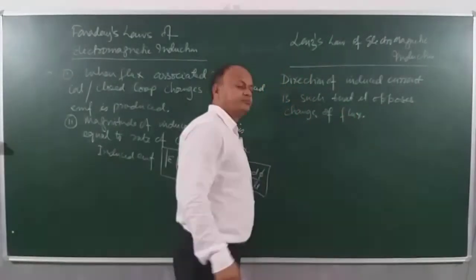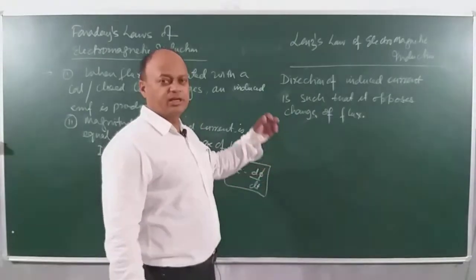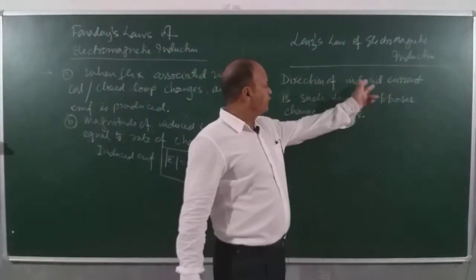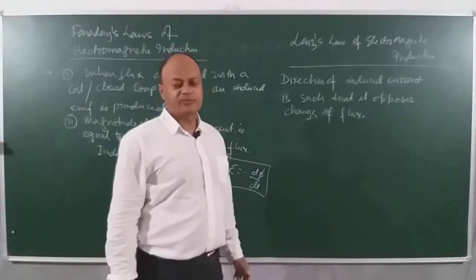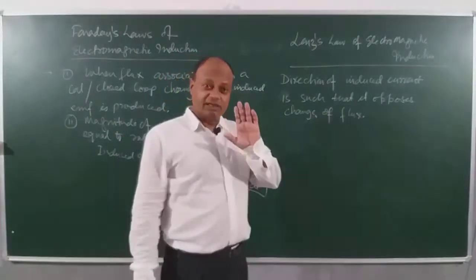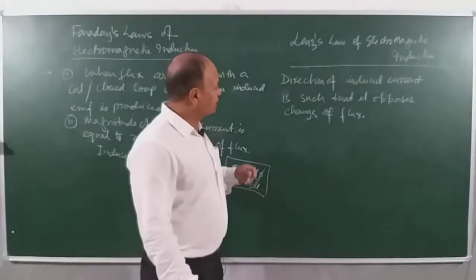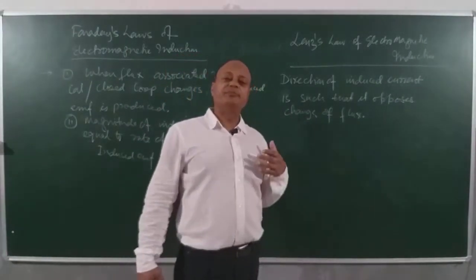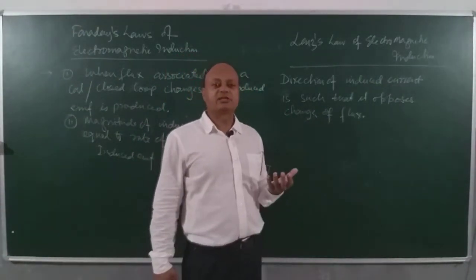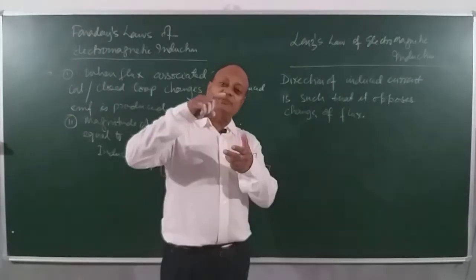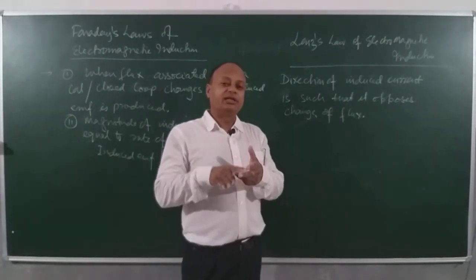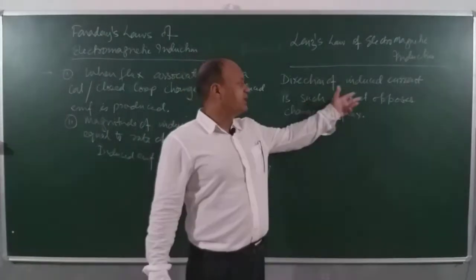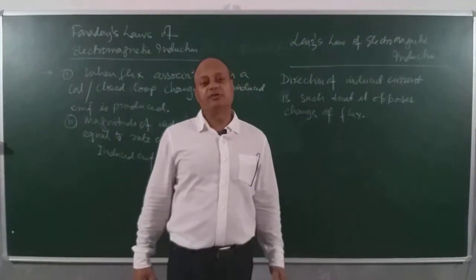Alright children, we understand Lenz's law here. Direction of induced current is such that it opposes change of flux. Very interesting. Remember, we understand that electromagnetic induction has been produced by what? Change in flux. But the moment this current or the EMF is produced, the tendency of the induced current is such that it will oppose the change of flux.